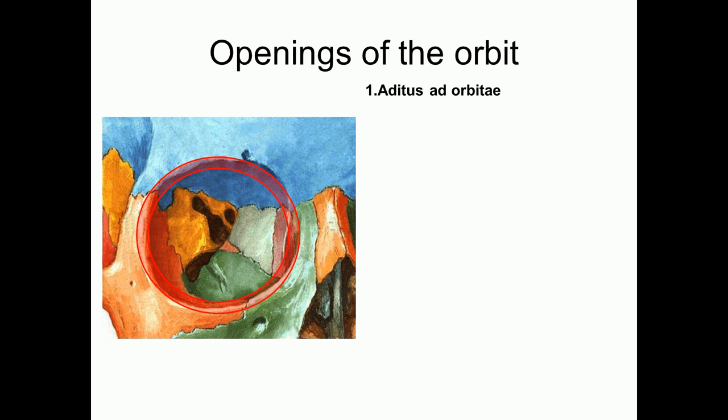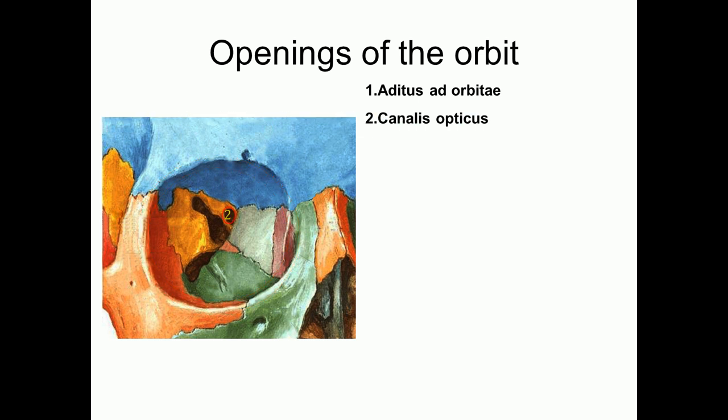We use these two red lines around the orbit to demonstrate this hole, how we can enter the orbit, the eye socket. So first, the most large foramen is aditus ad orbitam.